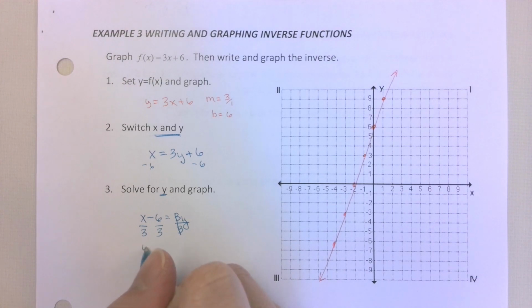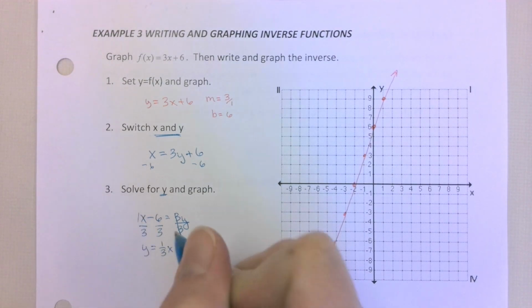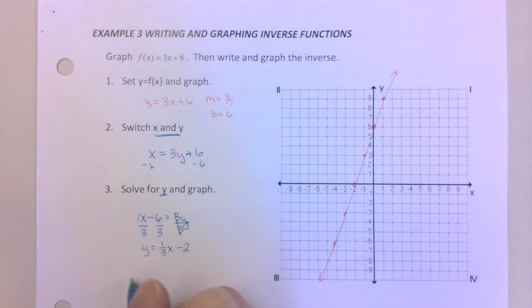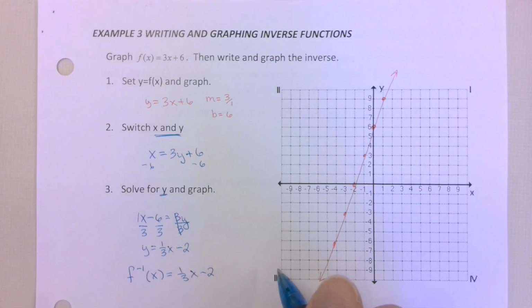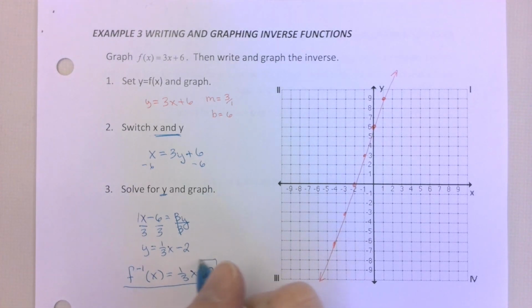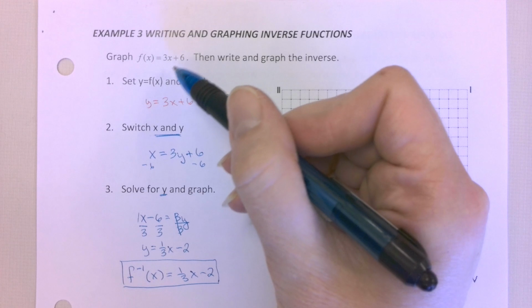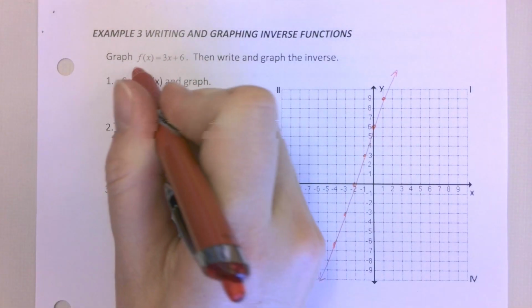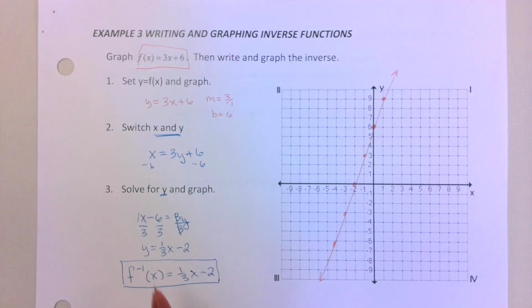So I have y equals, and there's a 1 here, so 1/3 x. X divided by 3 is the same as 1/3 of it, minus 2. And I want to put this back in function notation, so f to the negative 1 of x is equal to 1/3 x minus 2. And here I have my inverse function, and so I can see here is my original function f of x that I have in red, and here is its inverse.